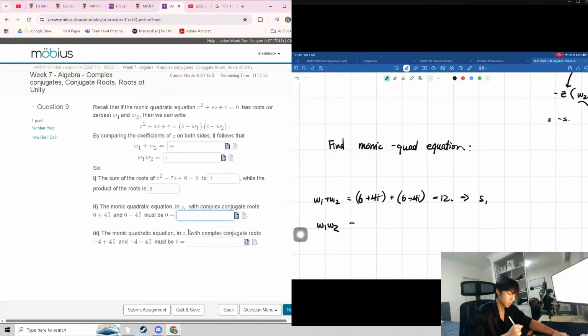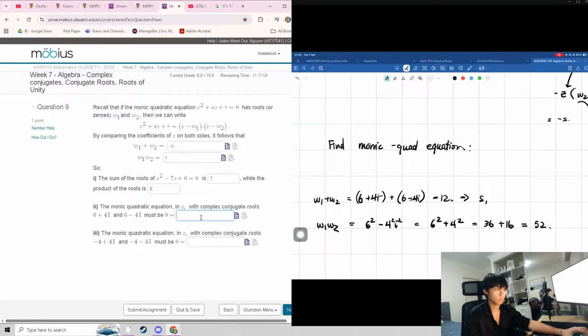W1 W2 is equal to 6 squared minus 4 squared i squared, which is 6 squared plus 4 squared. 36 plus 16 is 52.